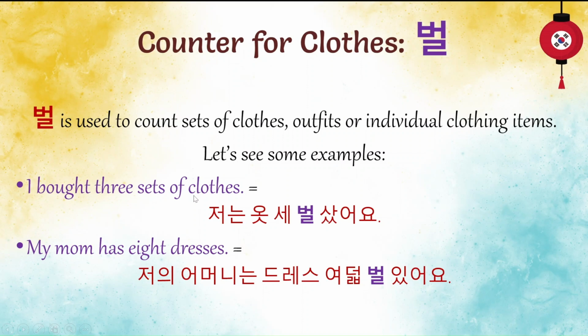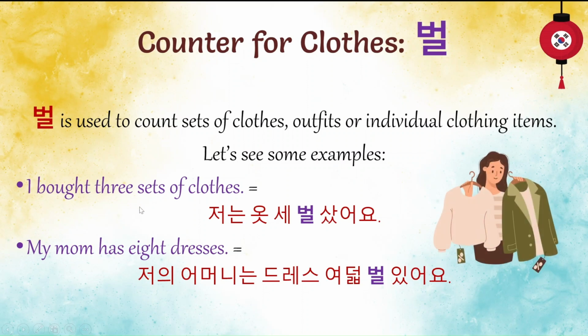Now, let's see these two example sentences to understand how to use this counter in Korean sentences. The first one is I bought three sets of clothes. In Korean, this is going to be 저는 옷을 세 벌 샀어요. I is 저는 and to buy is 사다, past tense 샀어요.